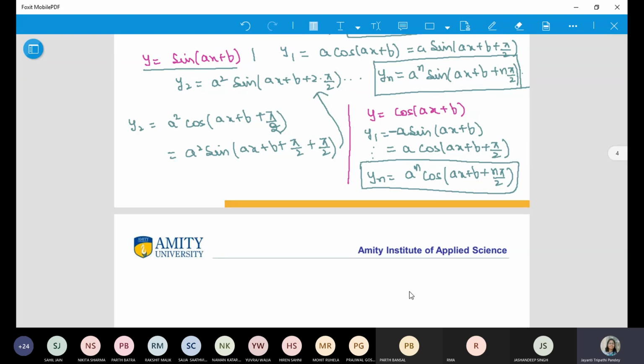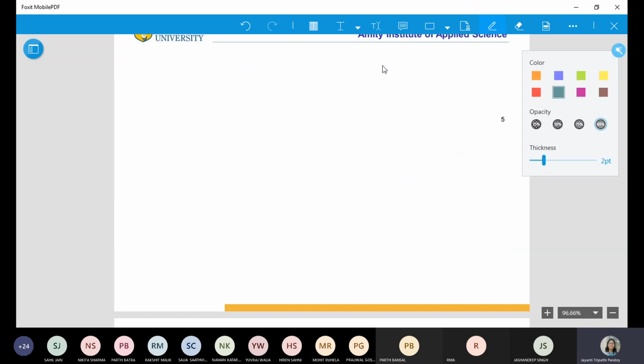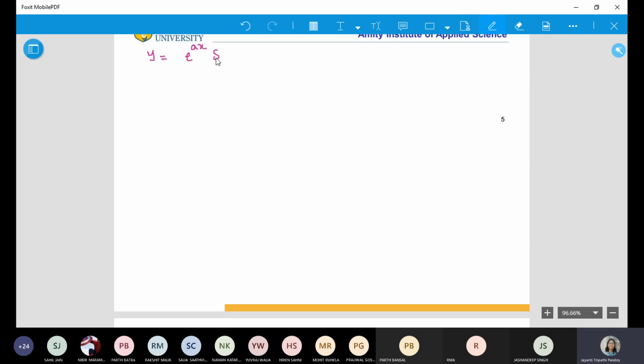There is one more formula I want you to understand, and that formula is, suppose you have y is equal to e to the power ax sine bx plus c. Okay, now let's try and understand and solve it.